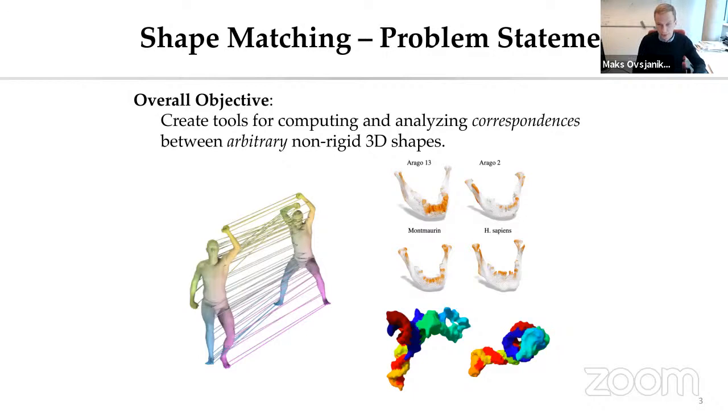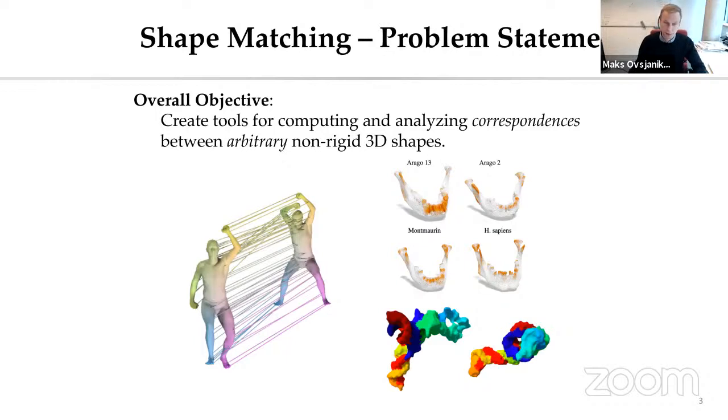If people have seen my work, that's probably the work that I've been doing most in the past 10 years or so. And the goal is actually very simple. I give you a pair of shapes, and your goal is to find correspondences, like point-to-point maps, between these two shapes. The shapes that we consider are typically non-rigid.